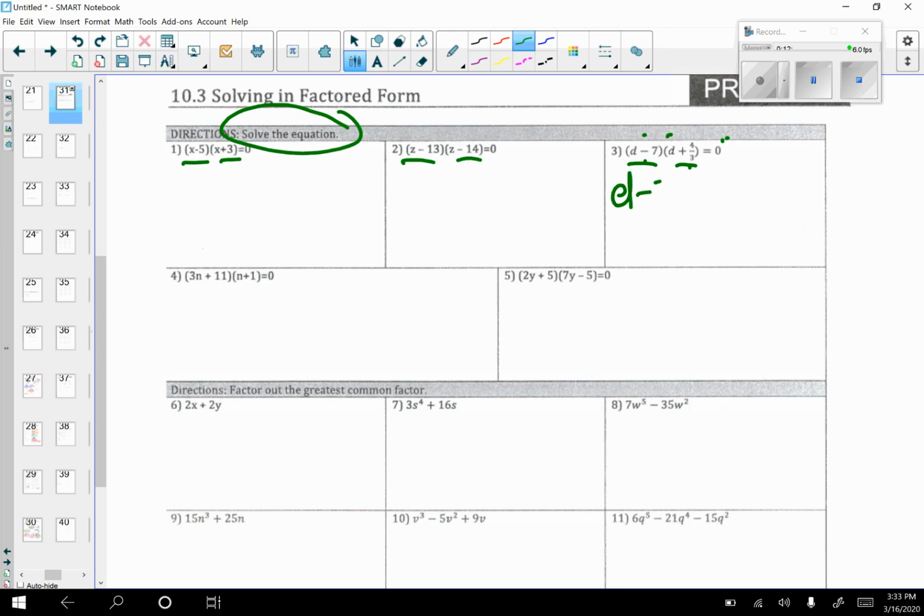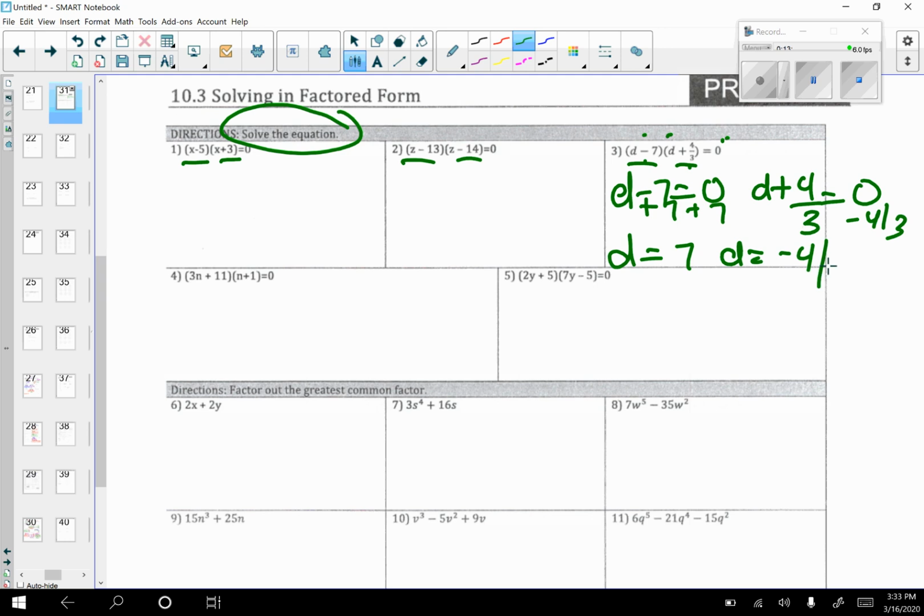So d minus 7 equals 0 and d plus 4/3 equals 0. Add 7, d equals 7, and subtract 4/3, d equals negative 4/3. You can try these problems. All you're doing is setting each equal to 0 and solving.